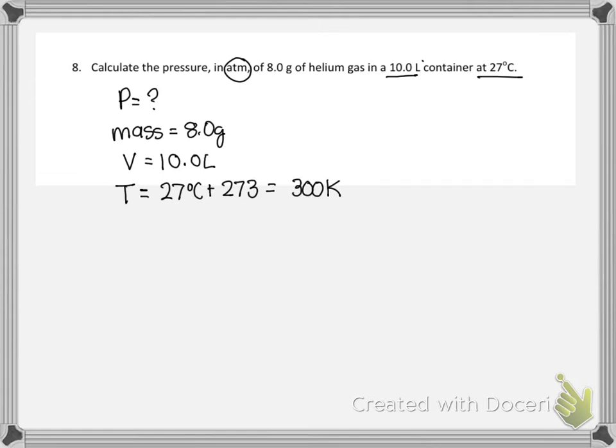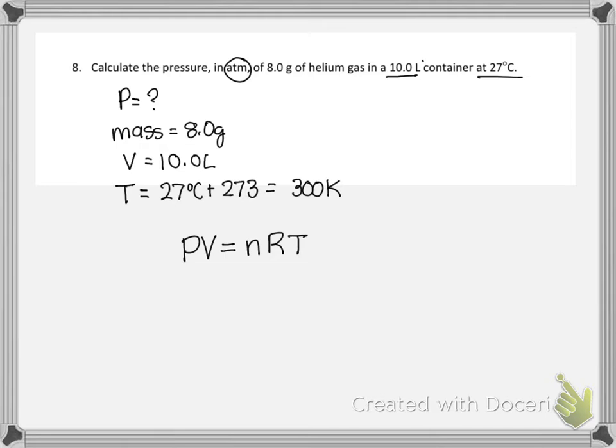Like they'll increase the temperature and ask, what's the new volume? This problem only gives me one set of conditions. We do have a gas law that deals with the 4 properties in one set of conditions, and it is the ideal gas law. So it's PV equals nRT.